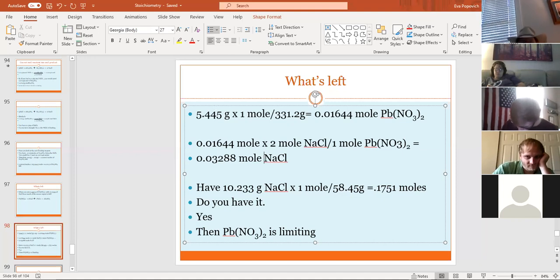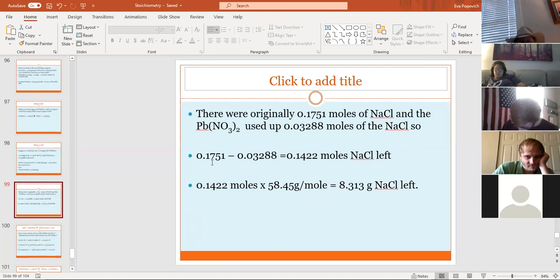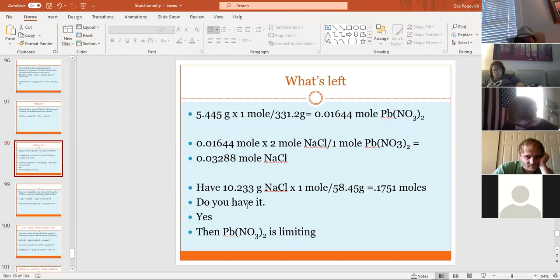All right. Now, this is the amount of sodium chloride that I do have. But if I have this much lead nitrate, I use up this much sodium chloride, correct? Guys, is that correct?